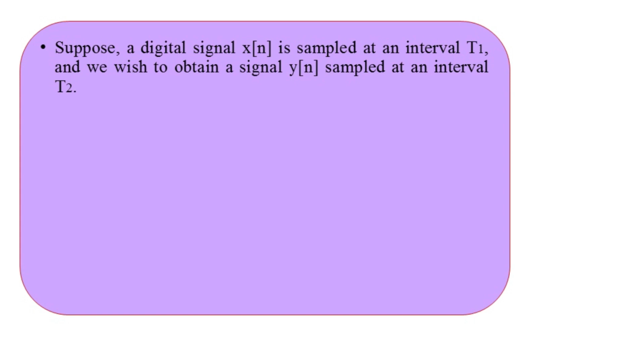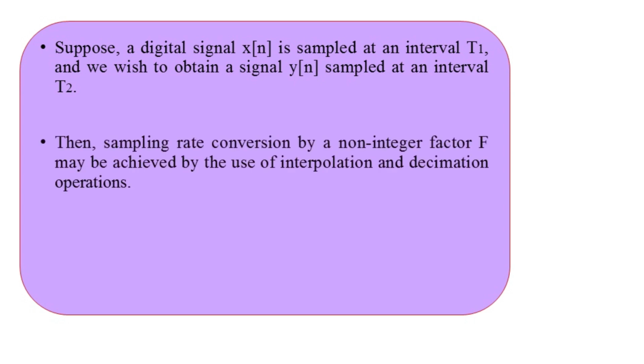Therefore, for the sampling rate conversion by the non-integer factor, we shall denote the non-integer factor by capital F. This may be achieved by the use of both interpolation and decimation operations. Of course the question is whether interpolation comes first and then decimation, or decimation first followed by interpolation. I will answer this question.